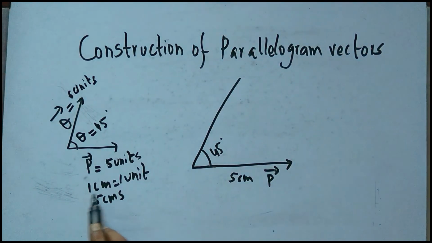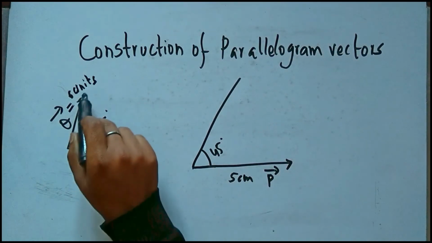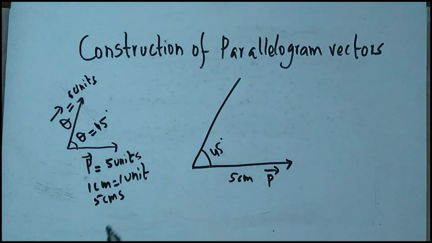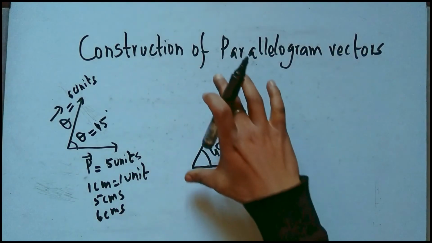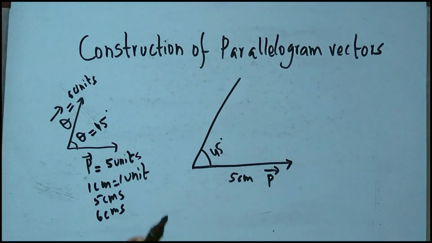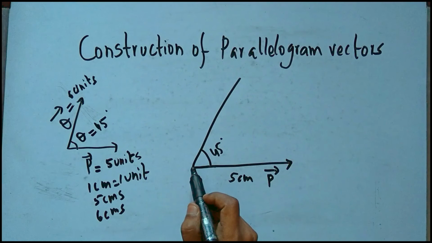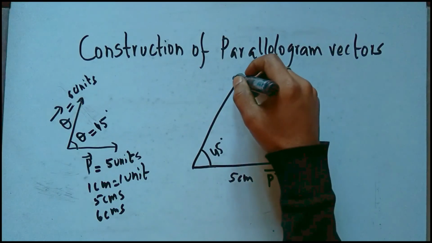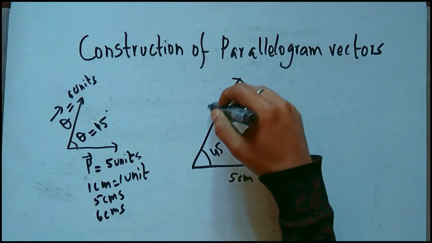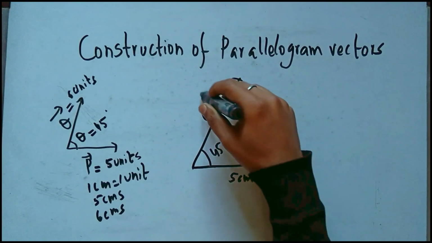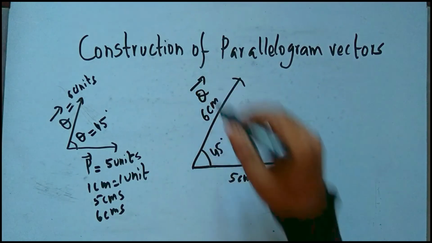As we know 1 centimeter represents 1 unit, 6 units can be represented as 6 centimeters. So we'll measure 6 centimeters with a compass. One end has to be at this point and the other end makes an arc or cuts this point at 6 centimeters, this being Q vector.